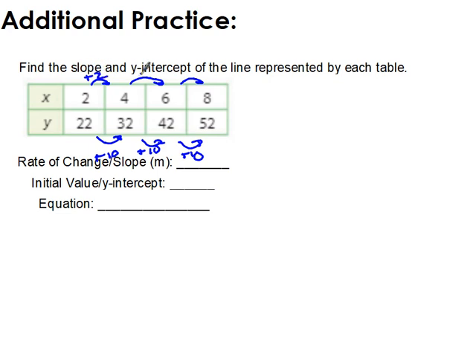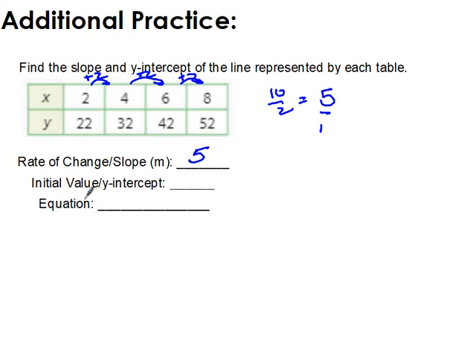Change in x is going up 2 each time. So change in y over change in x, my slope is 10 over 2, which can be simplified to 5. So we just figured out the rate of change or the slope is just 5. You could put 5 over 1 because that shows the rise and the run, but there's no need to because we know 5 automatically has a denominator of 1.